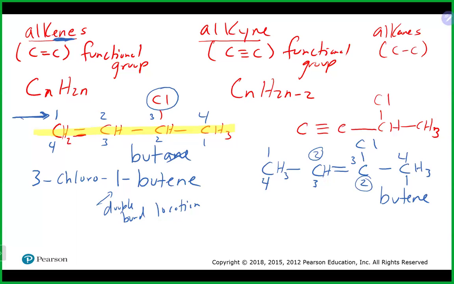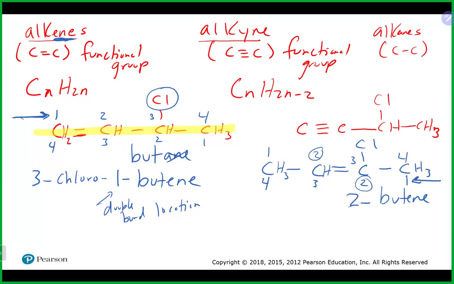So this, by the way, is 2-butene because the double bond is located at carbon number 2. By the way, if you had to take a guess, because it's a tie for the double bond, what next should be most important? Where the Cl is located. And which way gives the Cl in this case the smaller number? It is actually numbering in this direction.